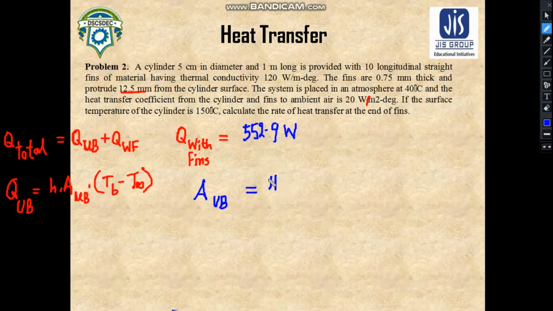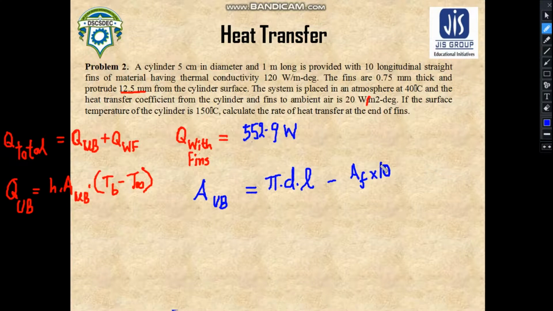So it will be pi into d into L minus Af, that is the area of the fins, into 10, because we have 10 fins which are attached to this cylinder.